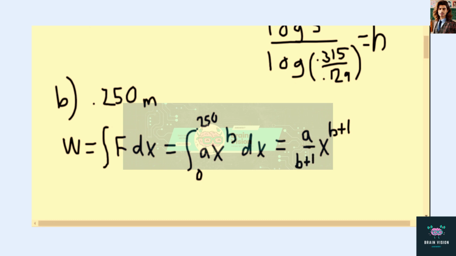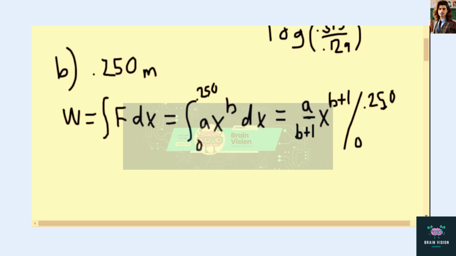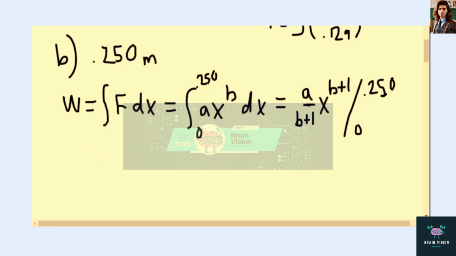So x to the b plus 1 power over b plus 1 times a, from 0 to 0.250. Okay, so now that's going to give me a over b plus 1 times 0.250 to the b plus 1 power. I'm going to put that in a calculator.